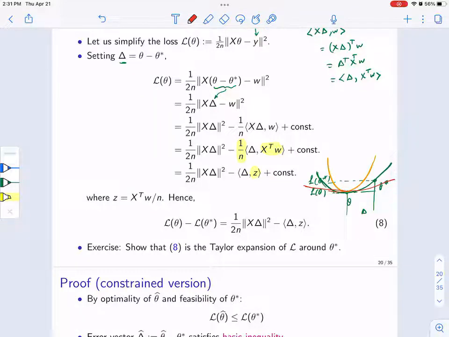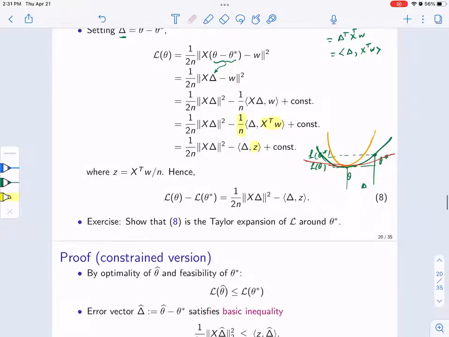And so the point is that we're going to look at the optimal solution. For the optimal solution, I would get L theta hat minus L theta star, which is 1 over 2n times the norm of x delta hat squared, where delta hat is just theta hat minus theta star.